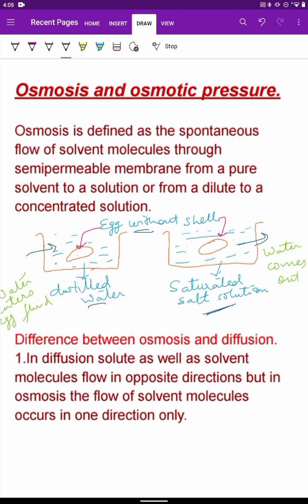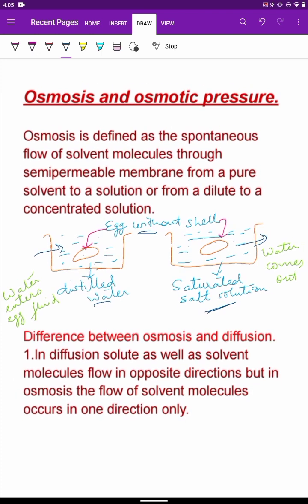If there are two solutions of unequal concentration separated by a semi-permeable membrane, then the solvent molecules move from the solution of lower concentration towards the solution of higher concentration. As we see in the second case, the water comes out of the egg because outside the saturated salt solution is present. In the first case, the egg without the shell was kept in distilled water, so the water enters inside the egg fluid.